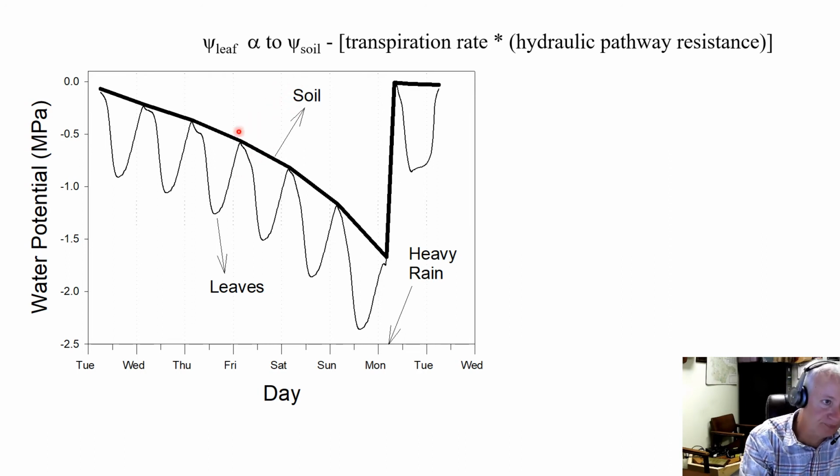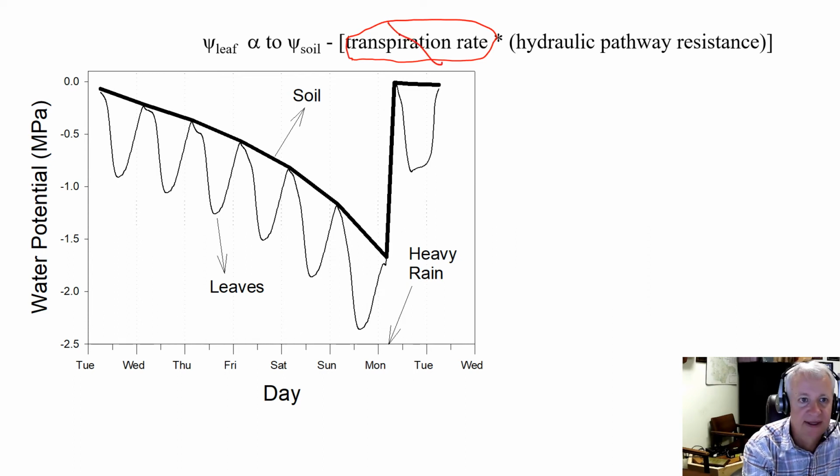Now, we can measure water potential of trees using a pressure chamber, and we'll learn about that later in the class. But let's think about what happens when we measure water potential when transpiration rate is 0.